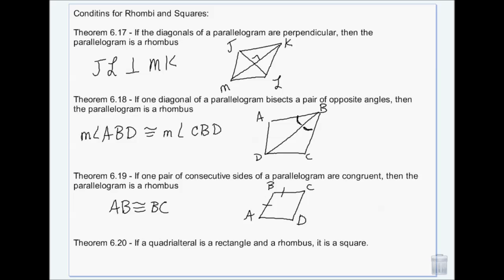If you have diagonals that bisect the opposite angles, it's also a rhombus. And if consecutive sides of a parallelogram are congruent, because opposite sides we already know are congruent, but if consecutive sides are also congruent, you have a rhombus. And then if you're both a rectangle and a rhombus, you're a square.